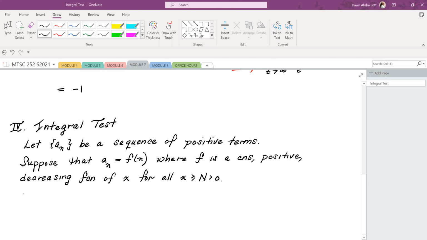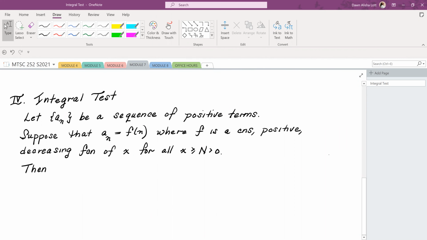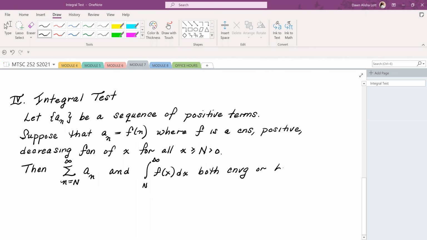okay, then it is necessarily true that the sum n equal to that n to infinity of a_n and the integral from n to infinity of f of x dx both converge or both diverge.